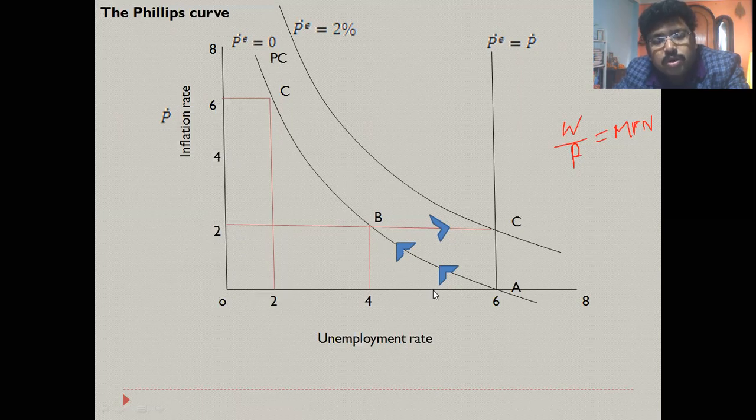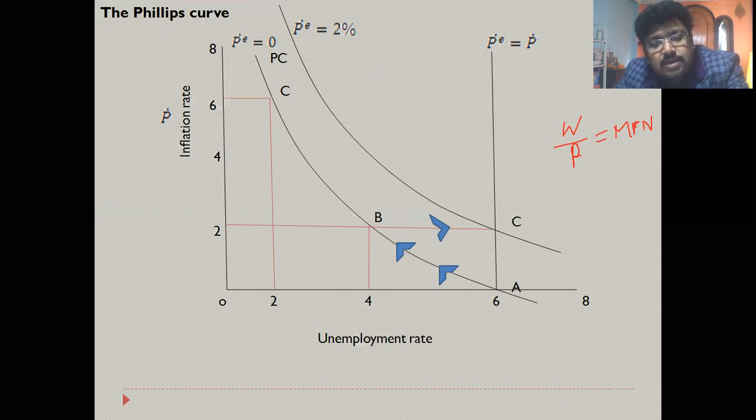So in the long run, they find that the inflation rate is 2%, and they will ask for higher nominal wages.